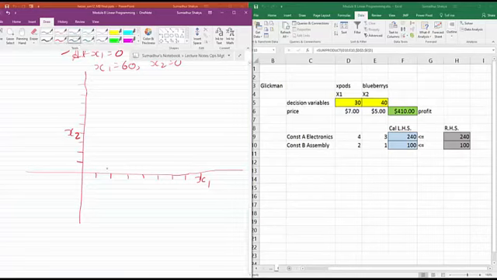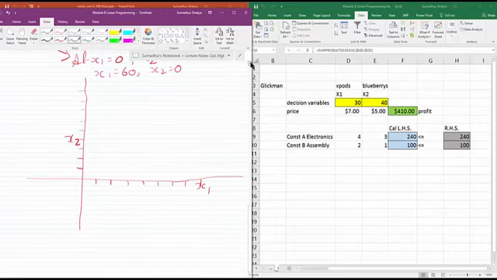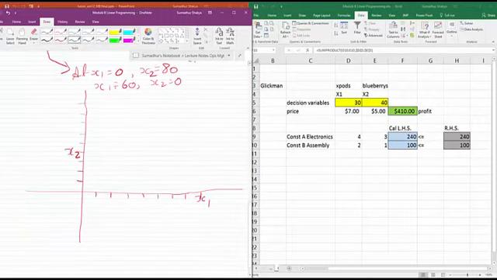Now if we were to plot this, at x1 equals 0, x2 is 80, so 20, 40, 60, 80. So this point represents 0, 80.